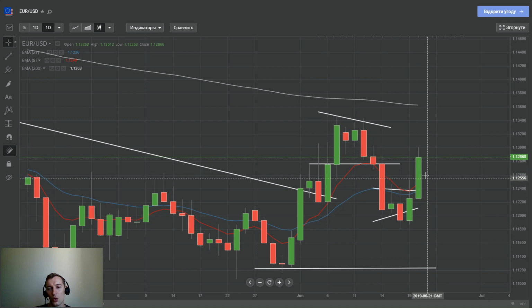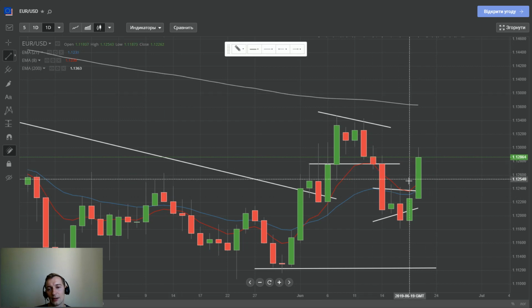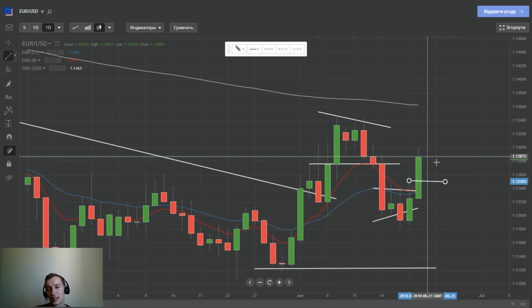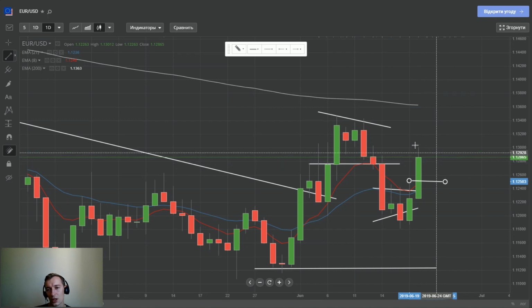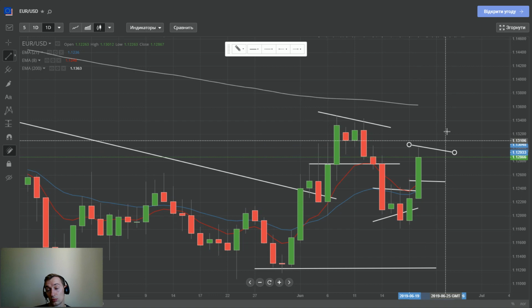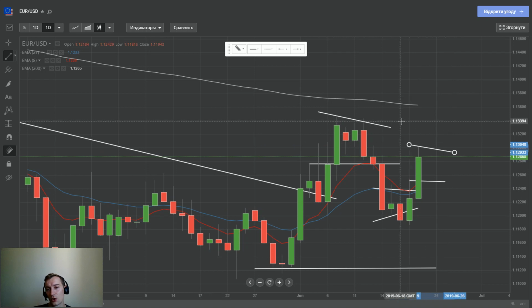So for now, I don't want to buy this candle. I just want to wait and see if we can hold above this key moving average, 1.12500, to build some foundation from where we can continue testing maybe this resistance level around 1.13400.